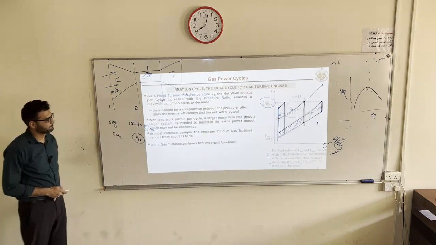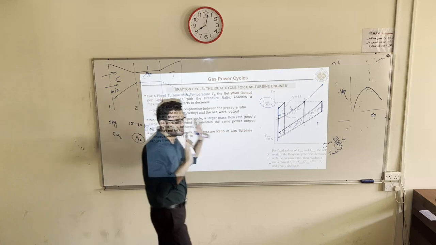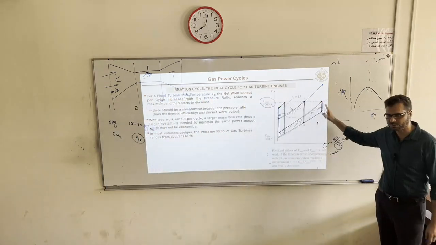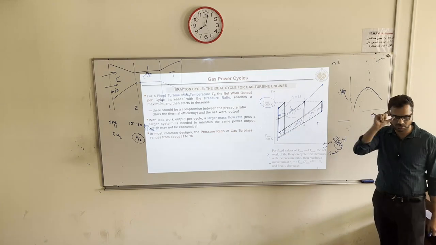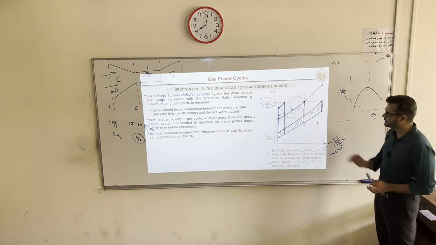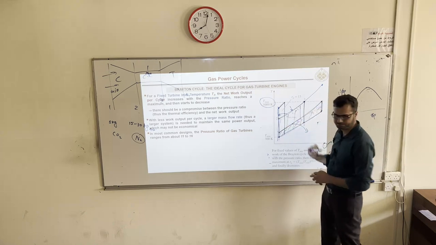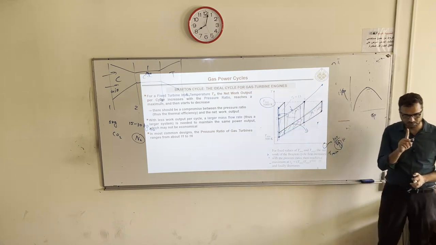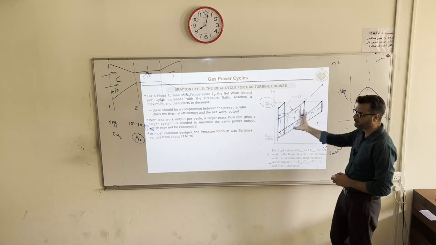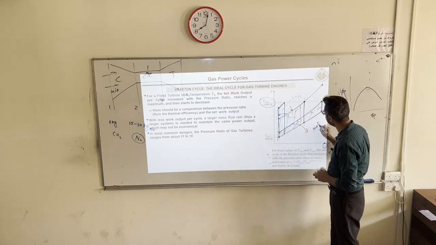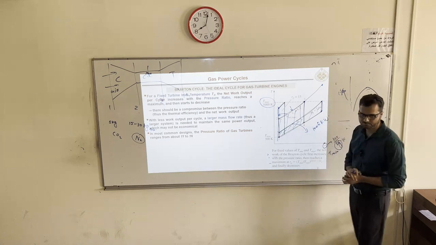Okay, what I was saying, I was telling you that everything which we represent on these diagrams is for 1 kilogram of mass. So from 1 kilogram of mass, that is the maximum work I can get. For example, you want to design this power plant to produce 1000 kilowatts.